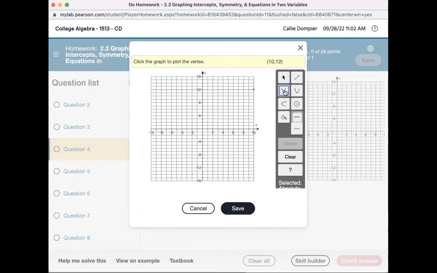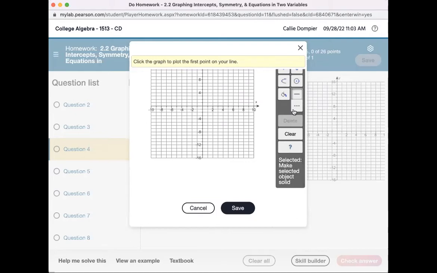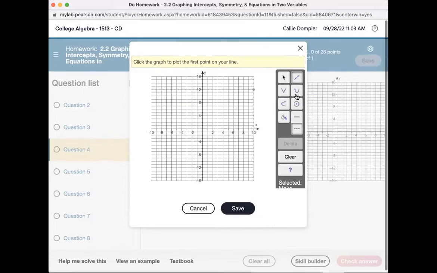That gives you some information on what an absolute value graph looks like. Here's a sideways parabola, and then we'll do circles later. So just make sure you've selected the thing you actually want to do. And then you also have the option of whether you want to use a solid line or a dashed line. The dashed line would only come in for greater than or less than values.